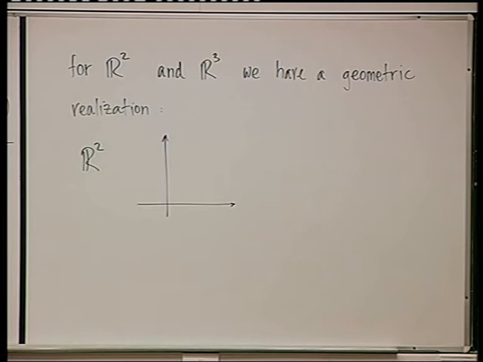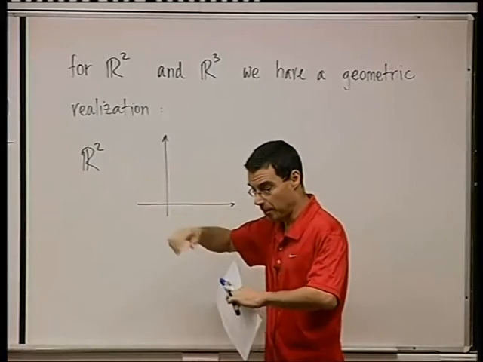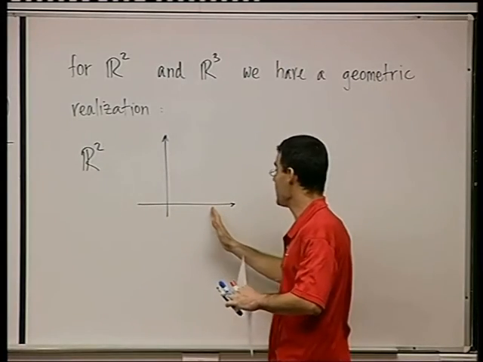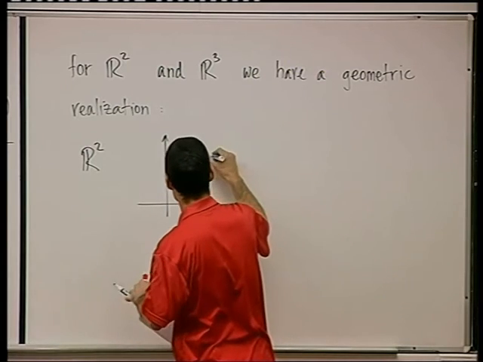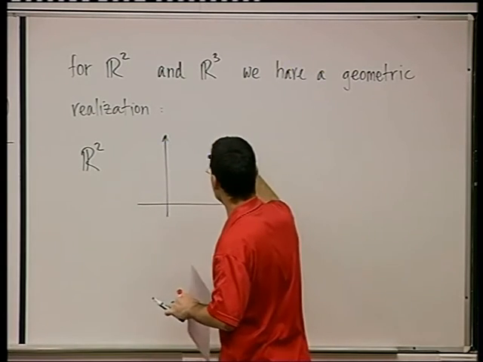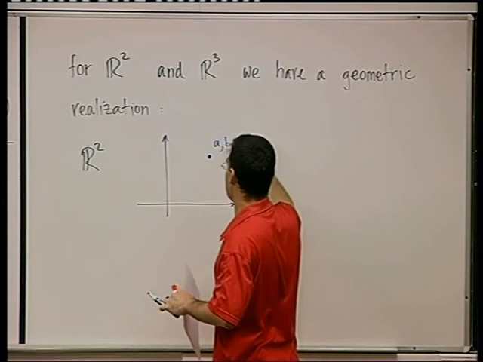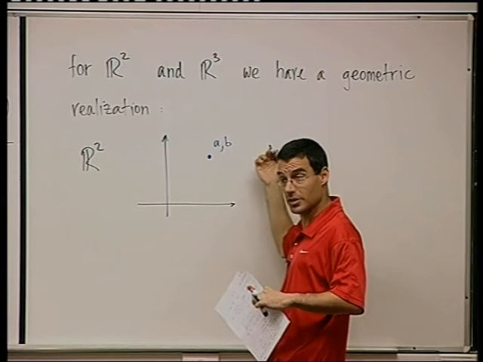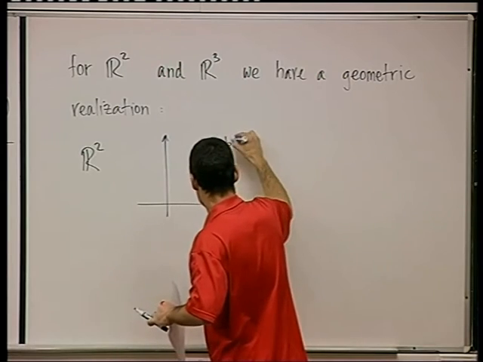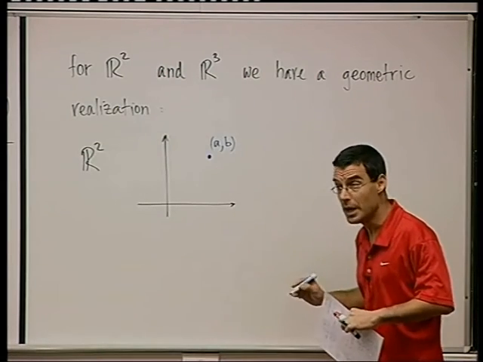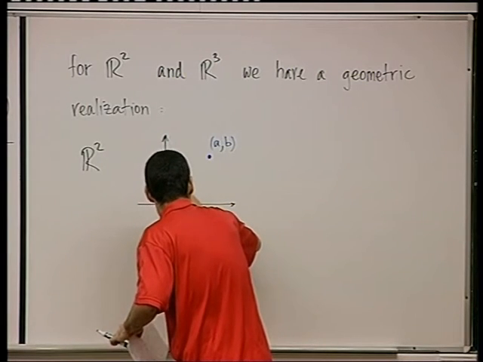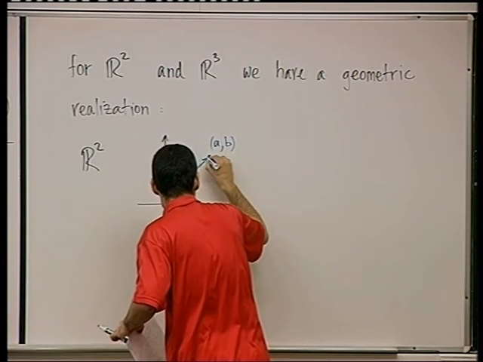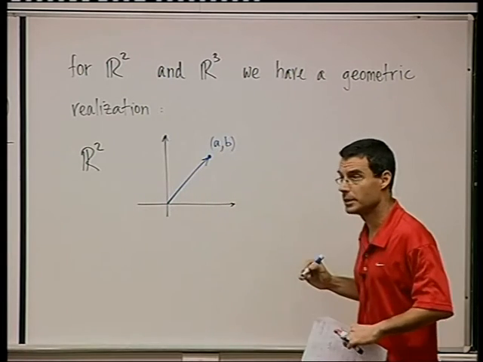Okay, so if you have an element in R2, it's just a point A comma B. We think of A as the x coordinate and of B as the y coordinate, and here's a point in R2, right? This is A comma B. We can write it as a row vector or a column vector, it doesn't matter, right? So this is a point in R2, and furthermore, we often identify this point with an arrow that starts at the origin and ends at that point.